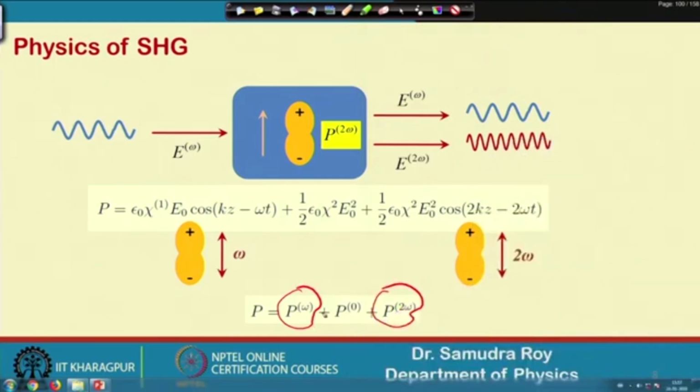That is important here. I am not considering the optical rectification term. This is now vibrating with the frequency omega, and this is vibrating with the frequency 2 omega. This is the source term of the 2 omega electric field, and this is the source term of the omega electric field.